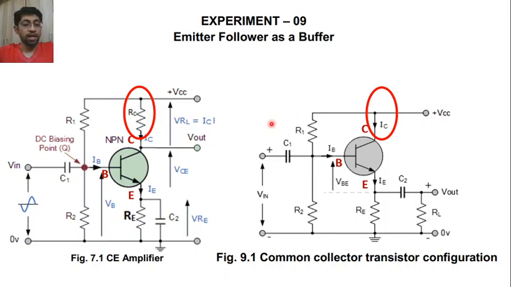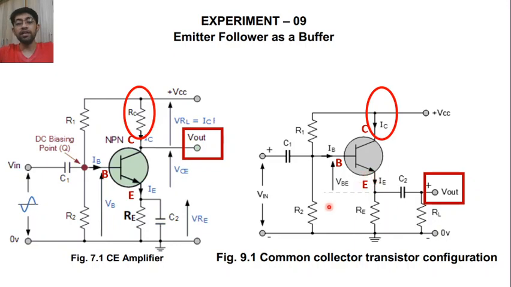Now in common emitter, you can see that the output voltage is taken from the collector terminal. In common collector configuration, instead of the collector terminal, the output is taken from the emitter terminal.